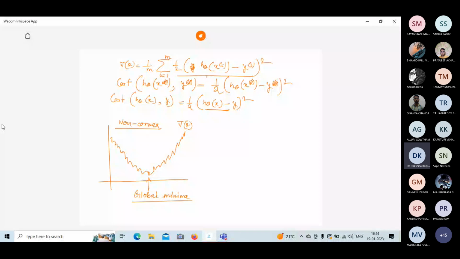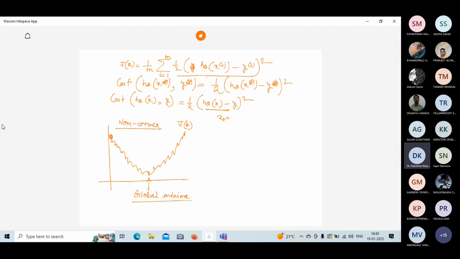Whenever the journey starts from a point, by considering an initial guess, let's say x0, then every time we make a short journey, we end up in a local minima. Again we make a short journey, then we get another local minima. So in this way we will get many local minima in this non-convex cost function.